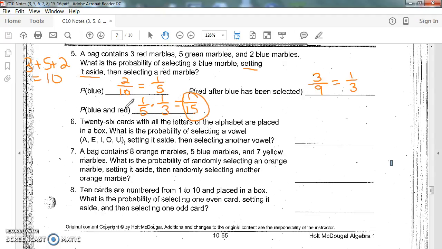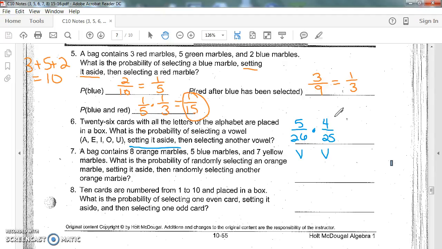Number 6, 26 cards with all the letters of the alphabet are placed in a box. What is the probability of selecting a vowel, A, E, I, O, U, setting it aside, then selecting another vowel? So we would start by saying there are 5 vowels out of 26 letters altogether. Once we've selected a vowel, if we don't replace it, there are now only 4 vowels remaining and only 25 letters altogether.